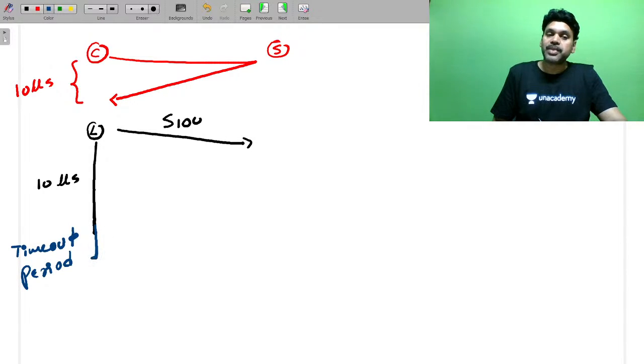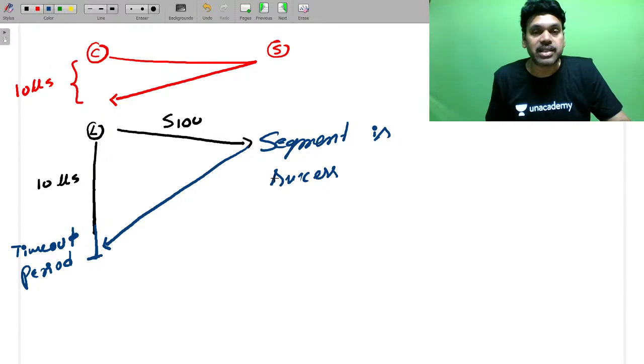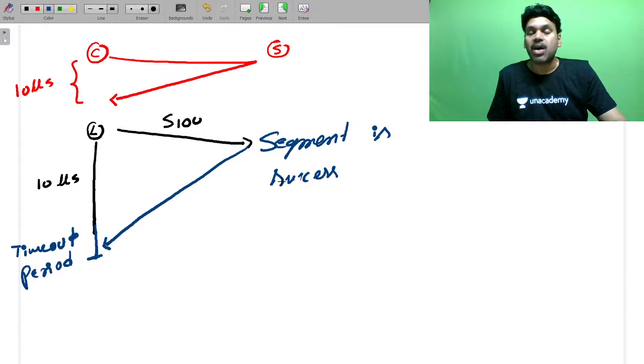Up to this much time, I can wait. The other party is going to wait. If you receive an acknowledgement before this time, then your segment is a success. If you do not receive it within that particular time, then I guess either the segment is lost, or the segment might be damaged, or the acknowledgement might be lost, or the acknowledgement might be delayed.